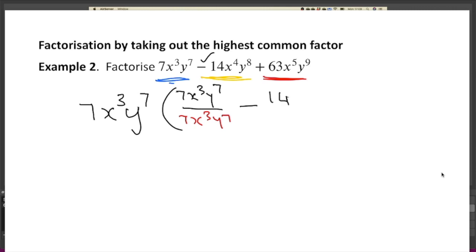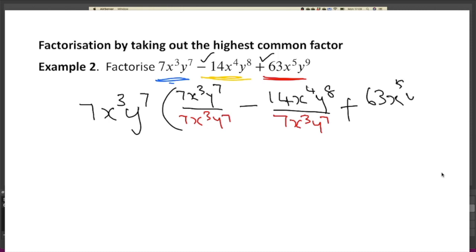And then it's 14x to the 4, y to the 8, which we should also divide by the same highest common factor, 7x cubed, y to the 7. All right, then there is a plus sign there, so I'm going to write it here. And then the number there is 63x to the 5, y to the 9. And that must also be divided by 7x to the 3, y to the 7.